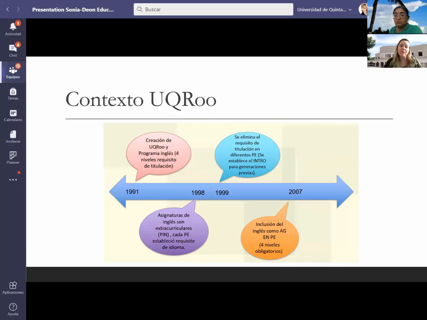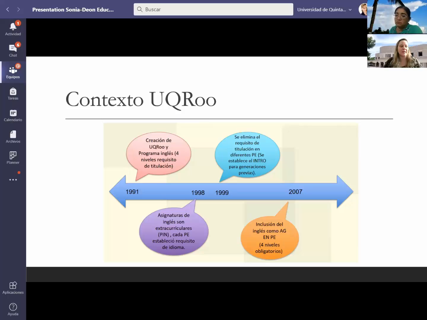Y en el 98, cada programa establece un nivel requisito de idioma. Sin embargo, en el 99 viene otra reforma en donde se elimina el requisito de titulación en los diferentes programas con respecto al nivel de inglés y decimos, ok, para generaciones previas, pues va a ser el intro.